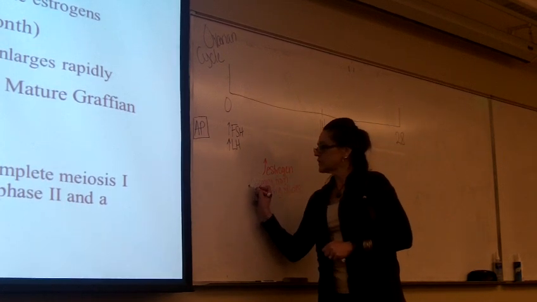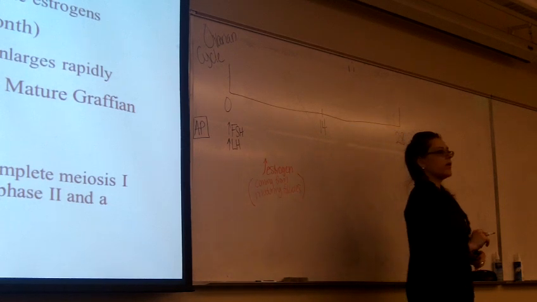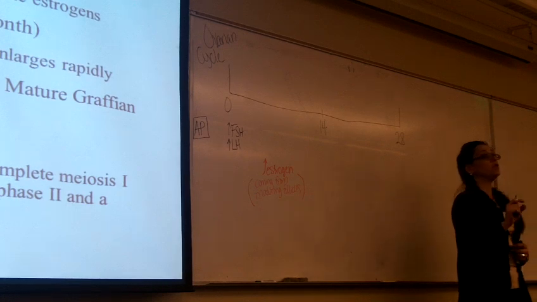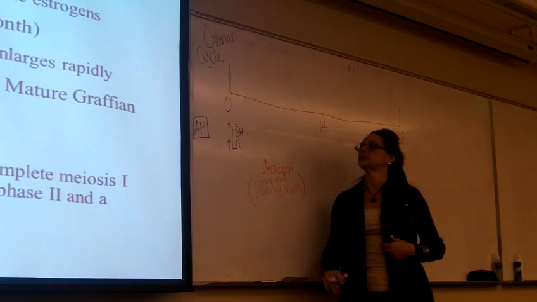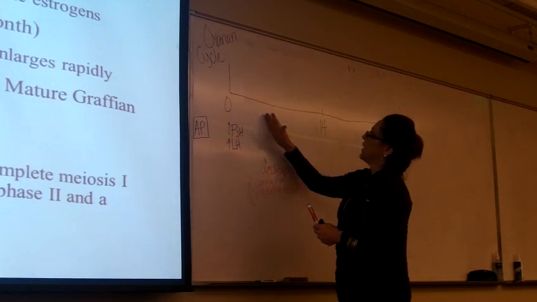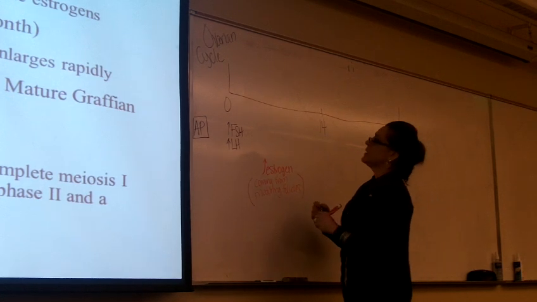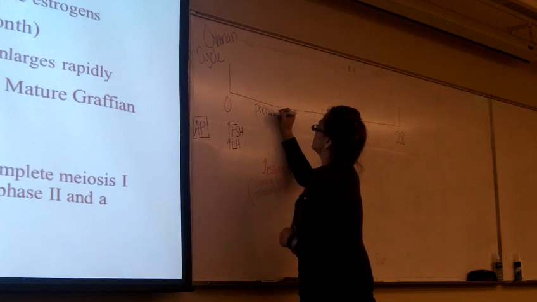Now, this estrogen is going to be important because it's going to target many cells of the body, but in particular, we're going to be concerned with how it affects the uterus, okay? And we'll talk about that later. Now, this period of time from day 0 to day 14 is called the pre-ovulatory phase.